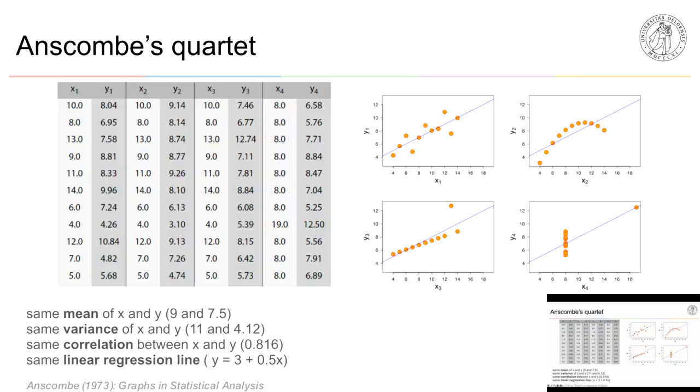And so we can see that this is something that looks like a perfectly linear phenomenon. But there's this one outlier that offsets the regression line. So this outlier here, it could be an error.